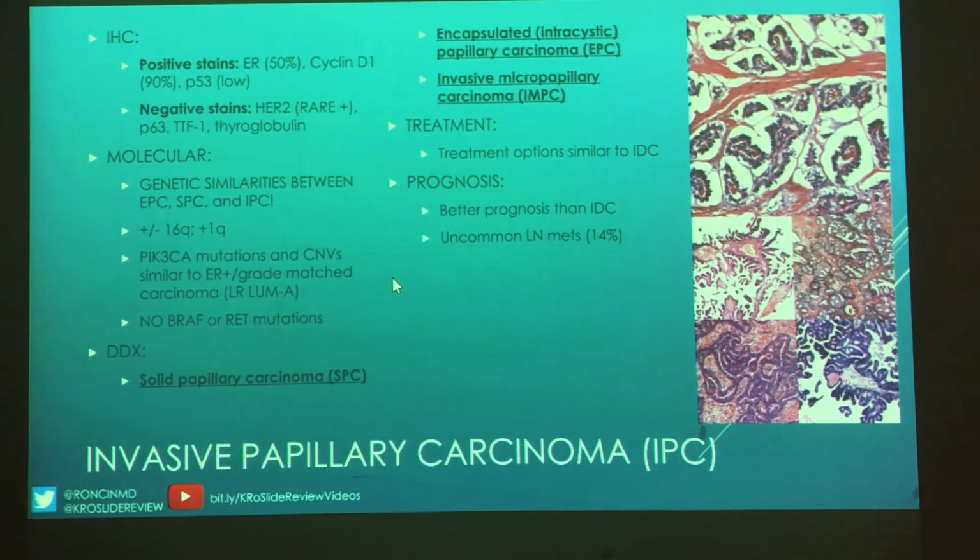Again, we go back to our EPC, SPC, IPC, so the same type of mutations. There's not going to be BRAF or RET, so if you were thinking, is this thyroid, that will tell you definitely not. And like I said, we're going to treat it similar to invasive carcinoma of no special type, or invasive ductal carcinoma, and it has a better prognosis than that.